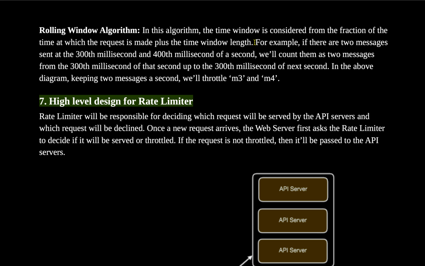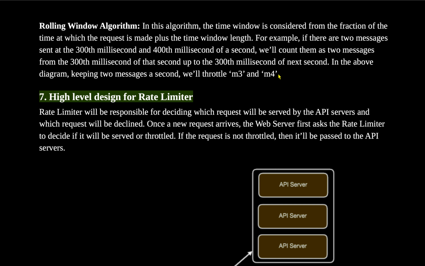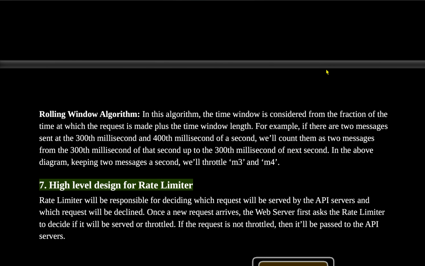For example, if there are two messages sent at the 300th millisecond and 400th millisecond of a second, we count them as two messages from the 300th millisecond of that second up to the 300th millisecond of the next second.